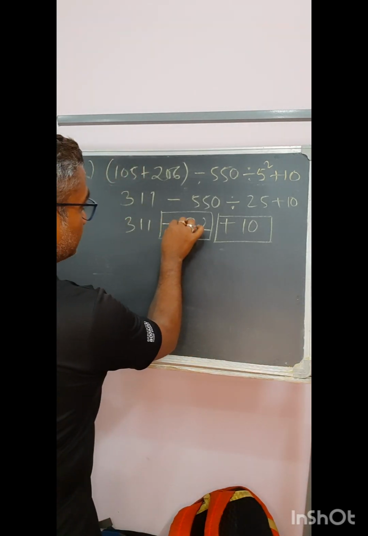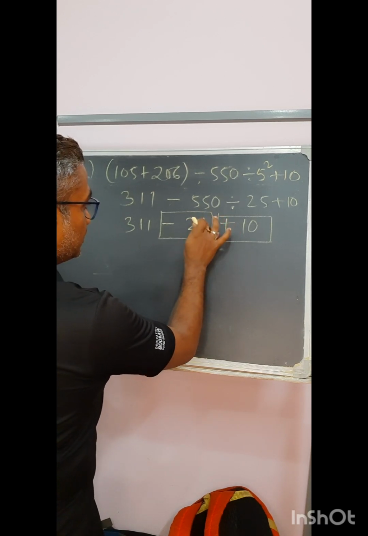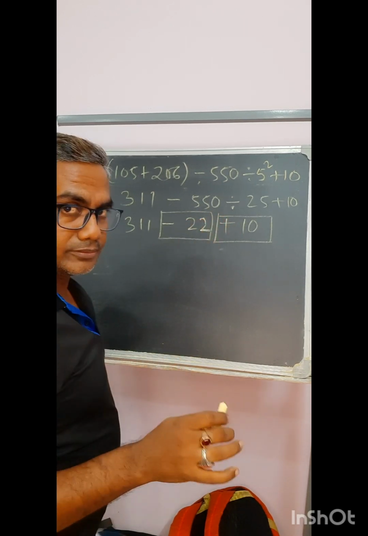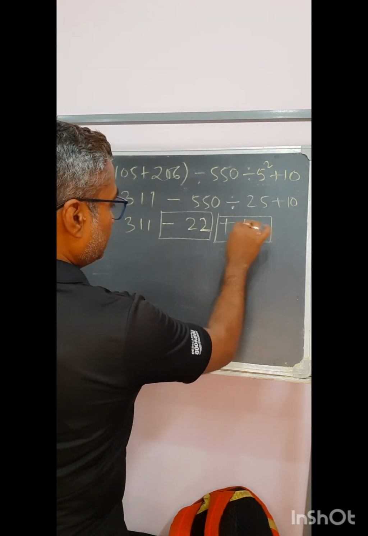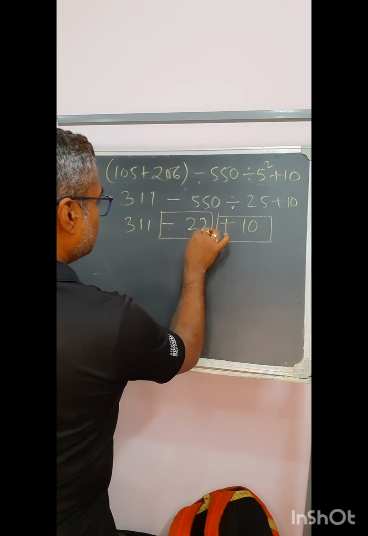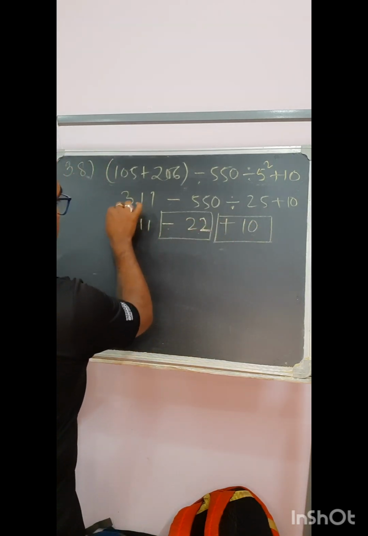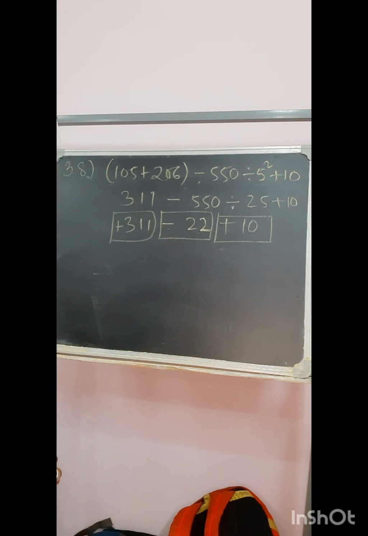Whatever sign a number carries, it is the property of that number only. So if the plus sign is with 10, this plus sign belongs to 10, the minus sign belongs to 22, and where there is nothing, we have to think of a positive sign.